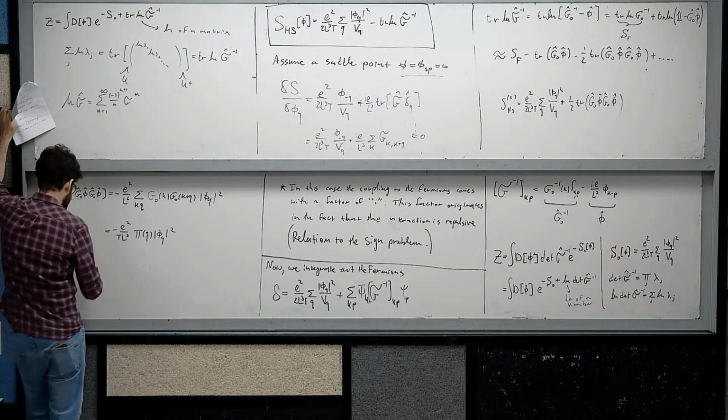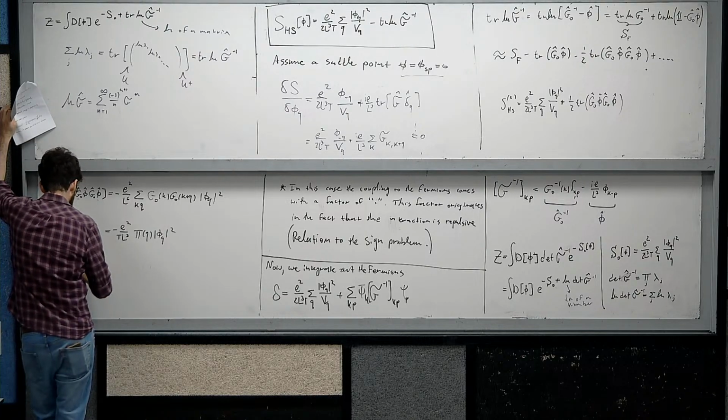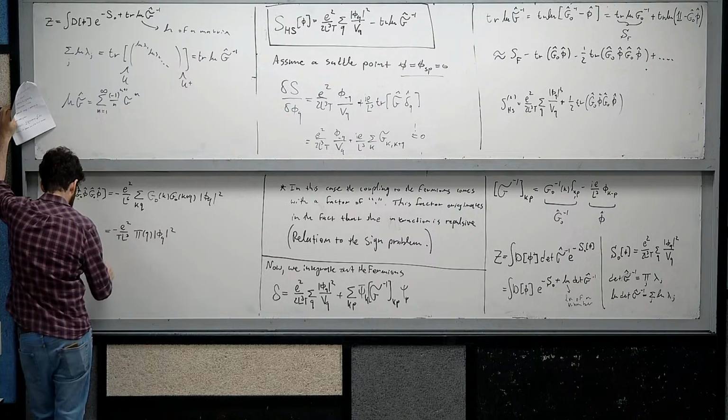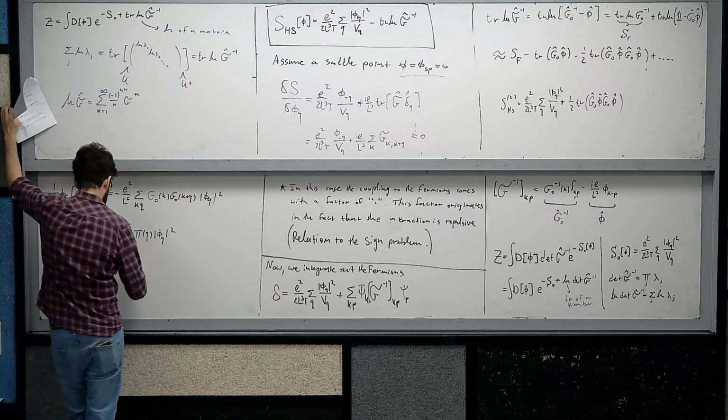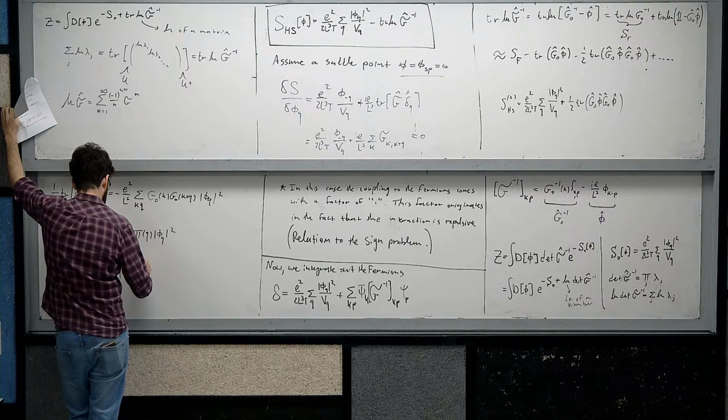Pi of q, we said, is the density of states, right? 1 minus omega over v_F q, ln of omega minus v_F q, or maybe there's an i here.